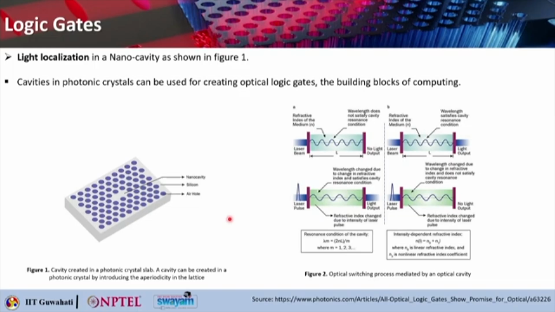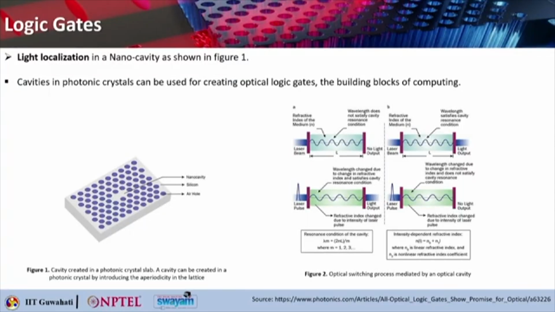So all arithmetic and logic operations are carried out in a computer using logic gates. So a modern PC relies on them to perform tasks based on programs which are stored in memory. Now once the technology for implementing logic gates is in place, it will be very straightforward to realize optical microprocessors.